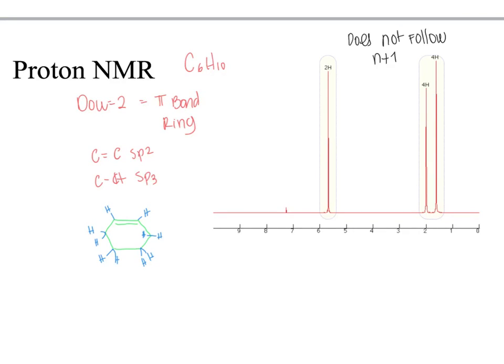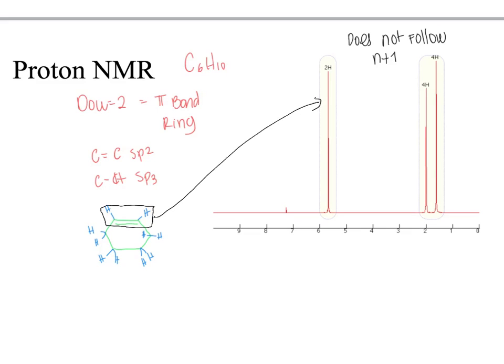So to do the proton NMR, we're going to follow the integration above each peak. The first peak that we're going to look at is the integration of two hydrogens, meaning the presence of a hydrogen in each carbon. So we can match it up in here.